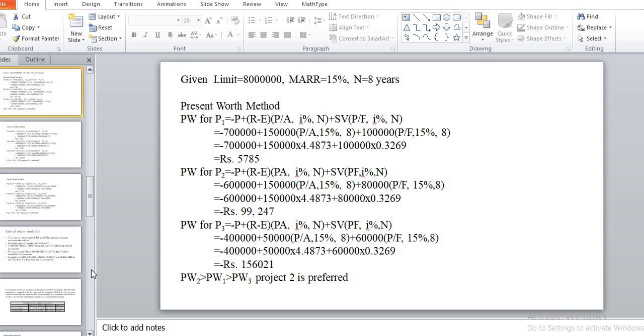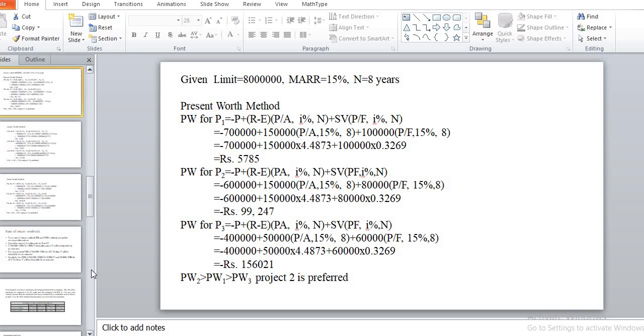But for the other factors, revenue generated and the salvage value or market value, we should convert the revenue generated annually and the salvage value to the present condition. So that's why we add a factor for the consideration of the interest rate and convert these values to the present situation.